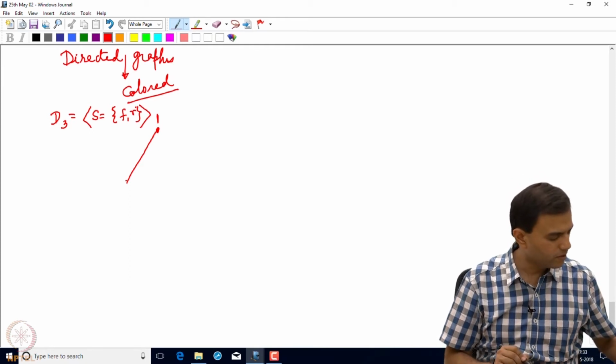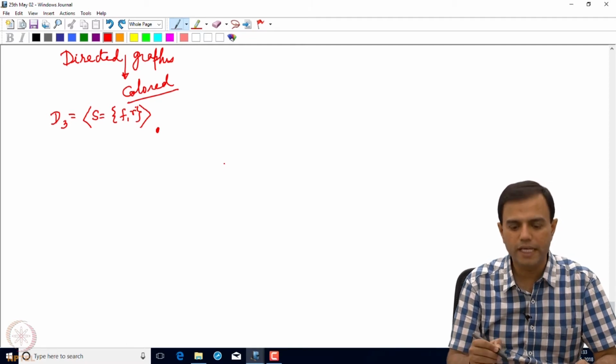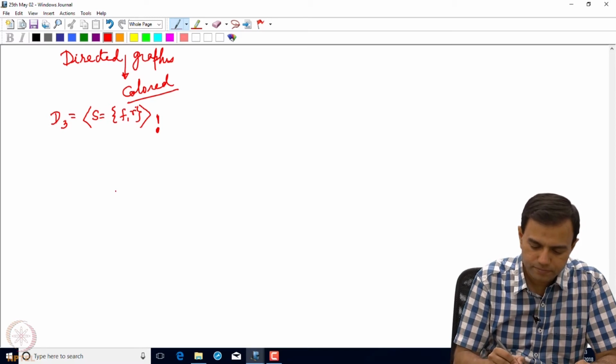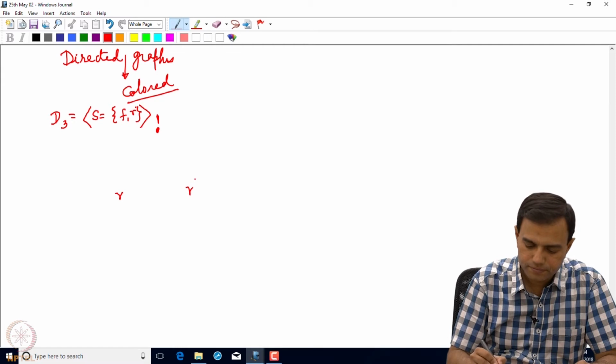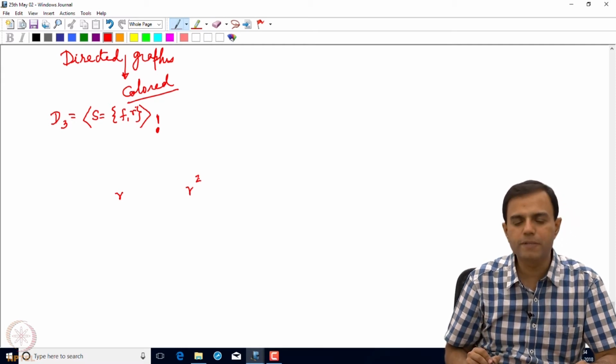So first maybe I will put some vertices first, and then I am going to connect them with edges. So 1, R square, and here is my scheme.